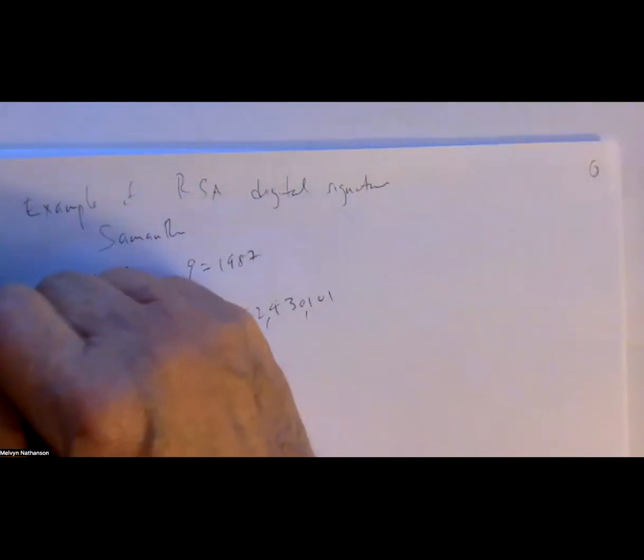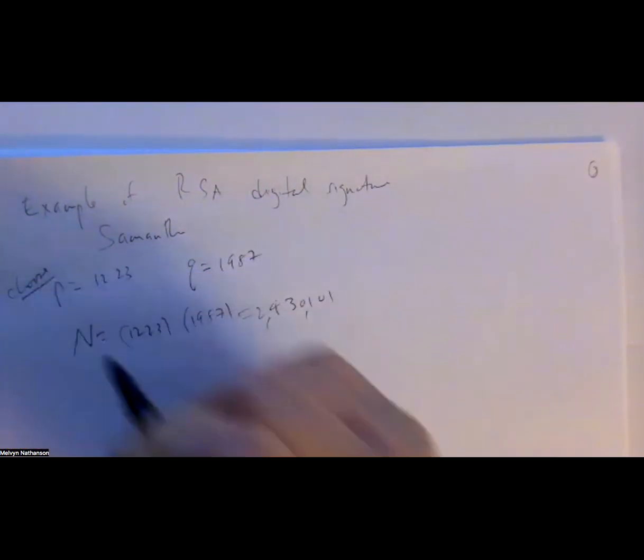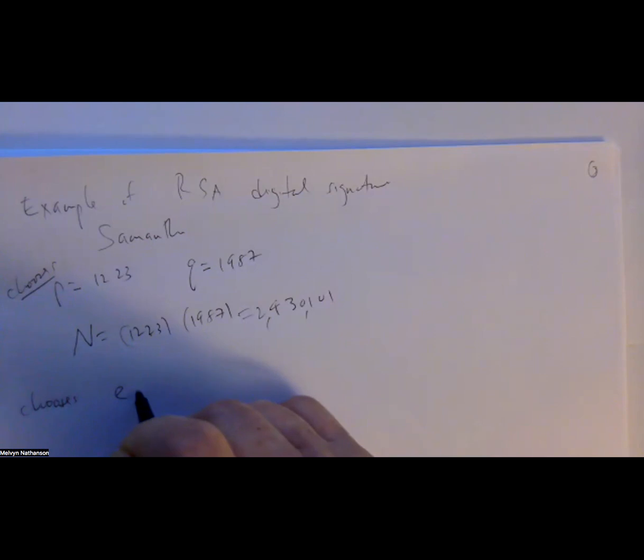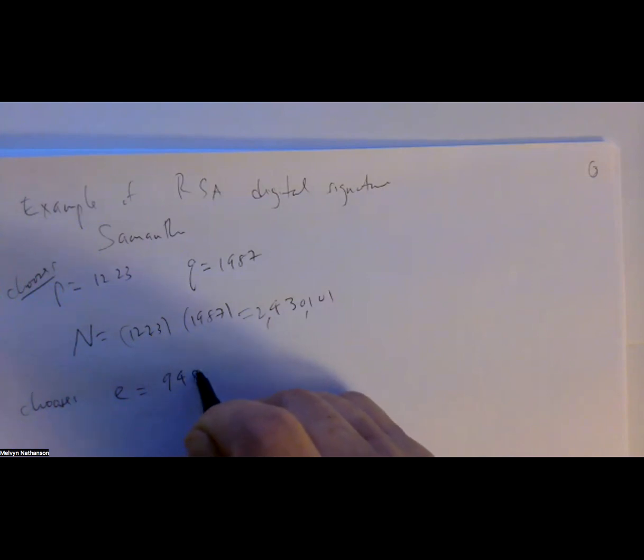Then she chooses a number E. She chooses the number 948,047.